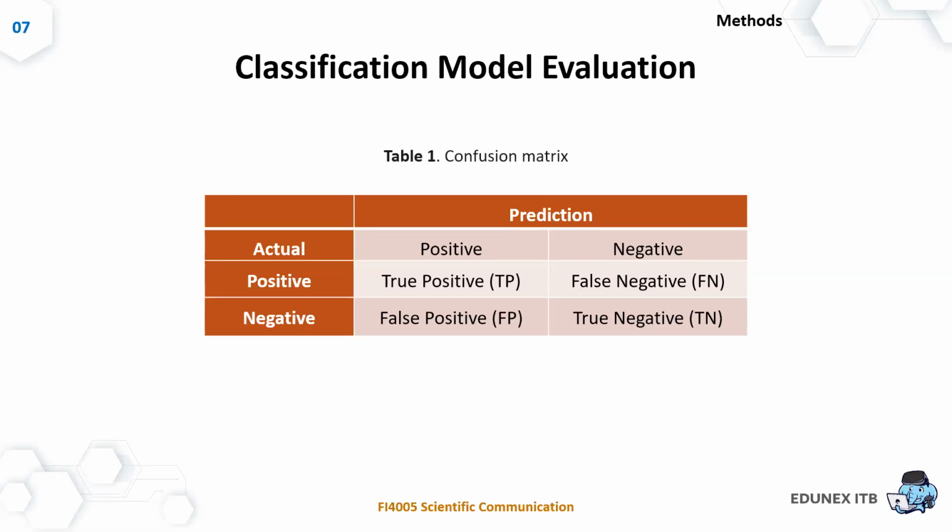TN, or true negative, if the data is negative and the prediction is negative, but if the data is negative and predicted to be positive, it will be counted as a false positive. There are a number of methods that can be used to assess or evaluate the classification model, including accuracy, precision, and recall. Next slide.